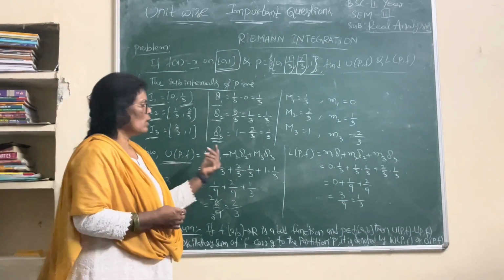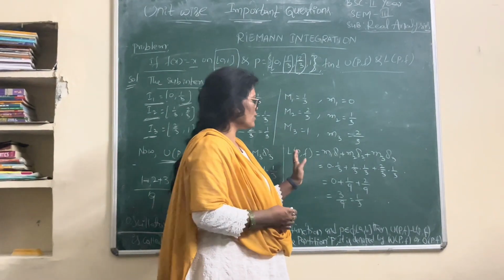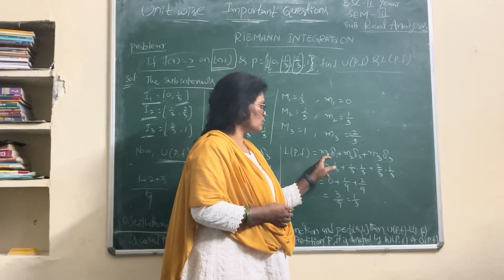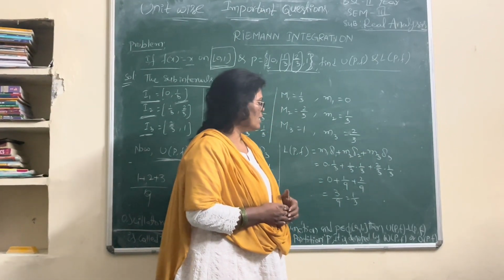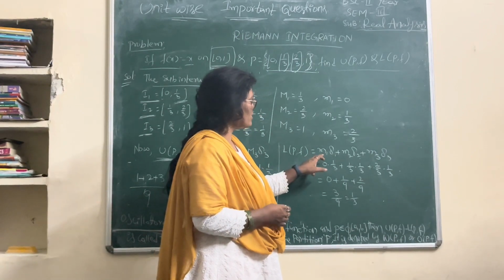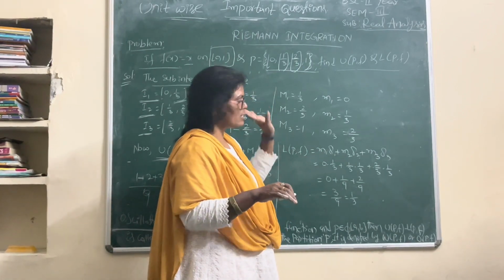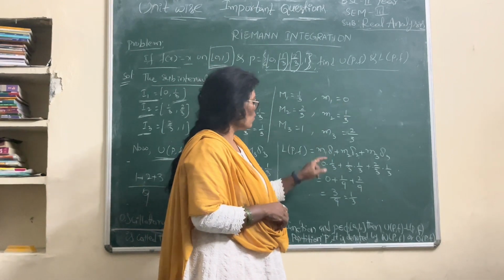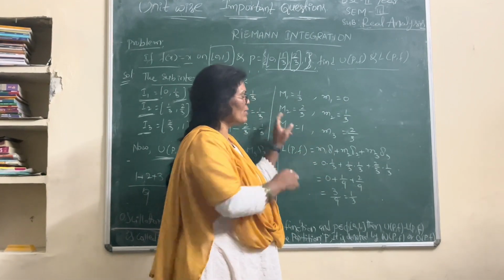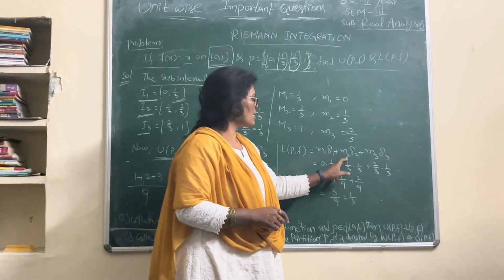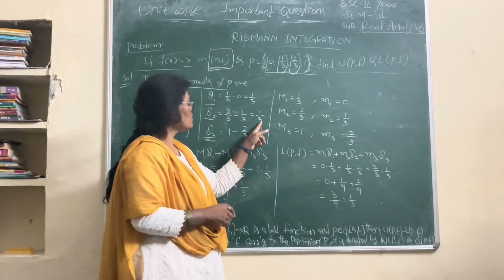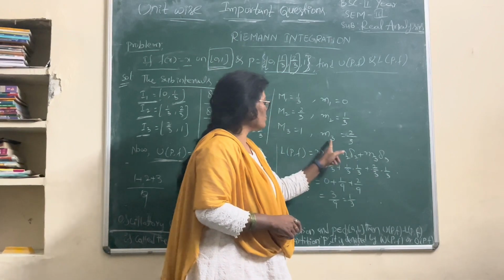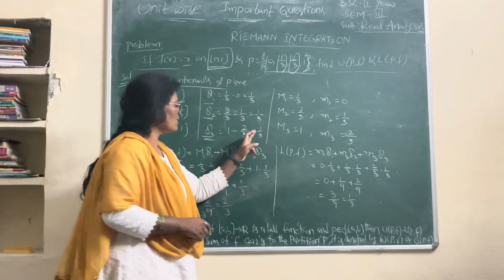Similarly, the lower Riemann sum L(P, f) can be written as small m1 delta 1 plus small m2 delta 2 plus small m3 delta 3. Here small m1 is the infimum of the subinterval, 0, into delta 1, which is 1 by 3, plus m2 is 1 by 3 and delta 2 is 1 by 3, plus small m3 is 2 by 3 and delta 3 is 1 by 3.